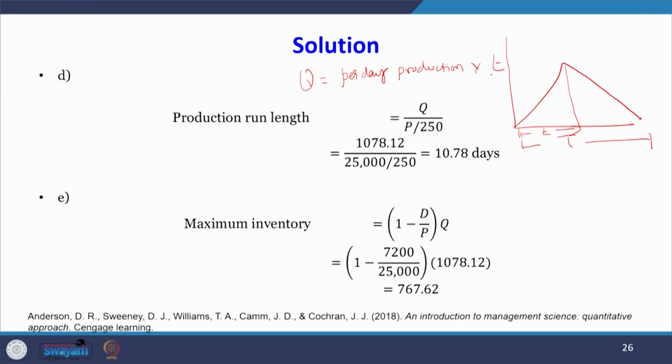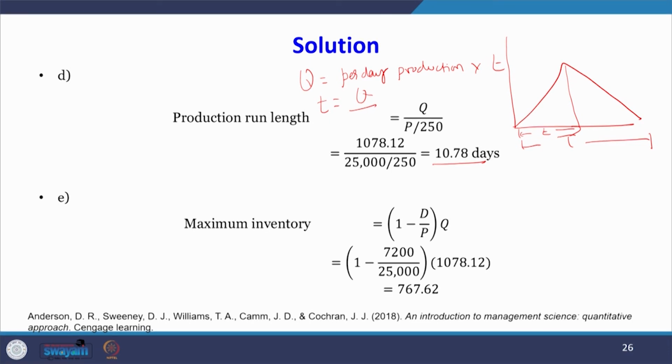This t is our production run. Q is given, Q is 1078, and the annual production rate is given. When you divide this annual production rate by number of working days, we get the per day production. From this expression, t is Q upon per day production rate. So, that is 10.78 days.